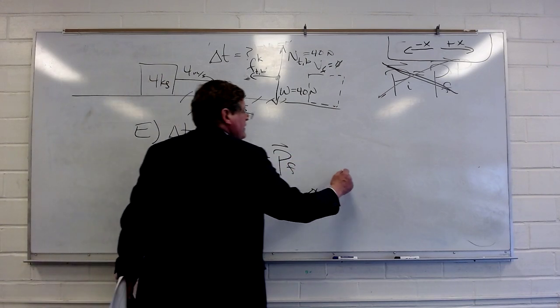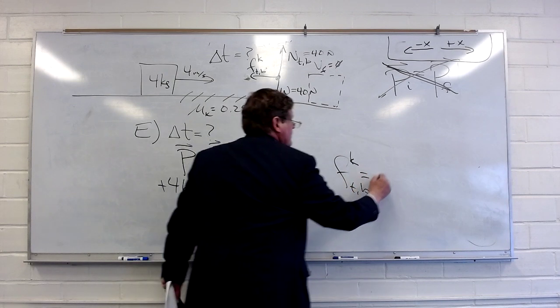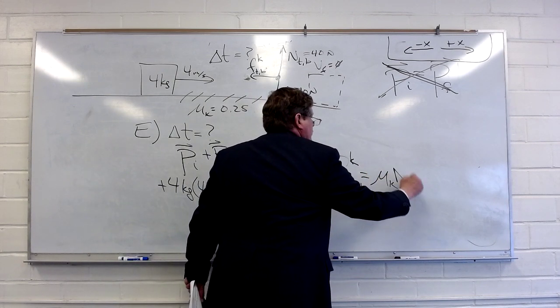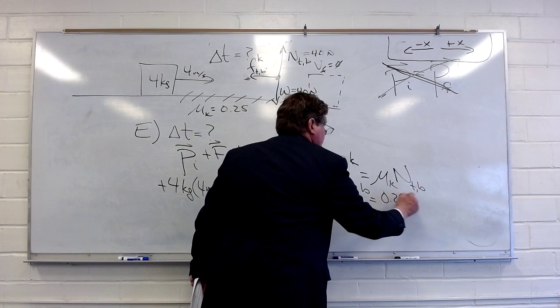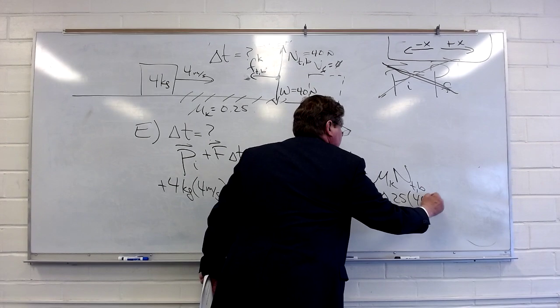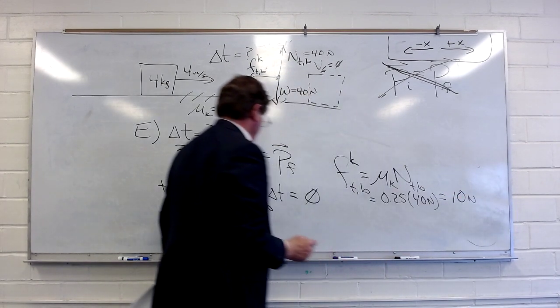Well, that kinetic friction force, table on the block, is going to be mu sub k times the normal force by the table on the block. That's going to be 1/4 times 40 newtons, and that's going to be 10 newtons.